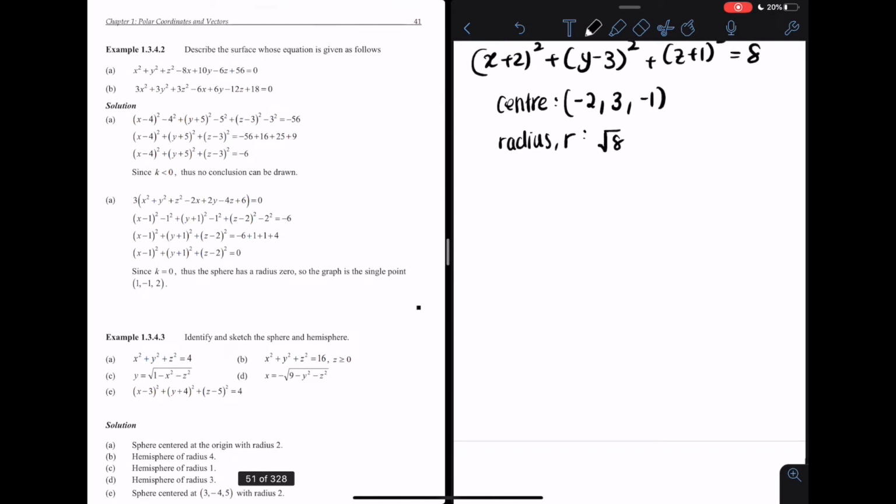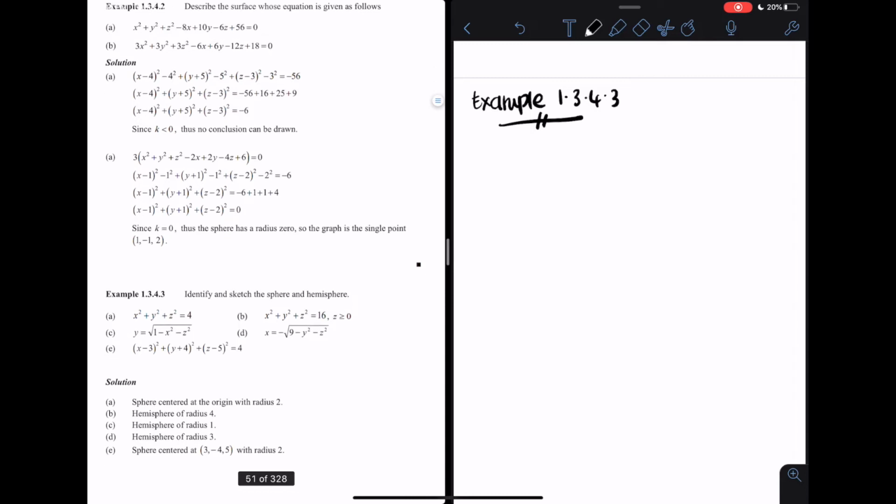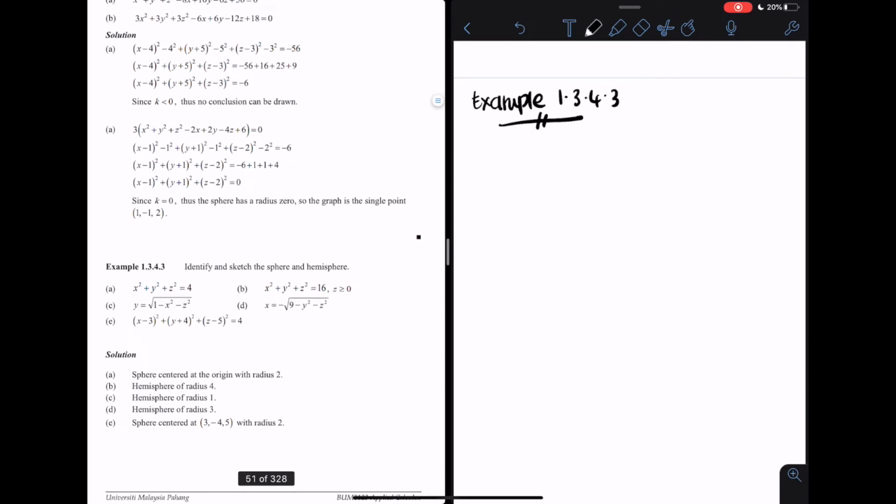So let's take a look at the next example. Example 1.3.4.3. Basically, the problems in example 1.3.4.3 ask you to generalize or come up with the answer given by that equation.